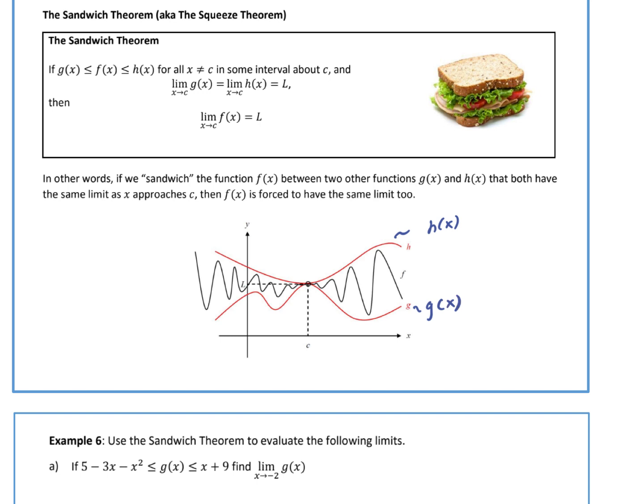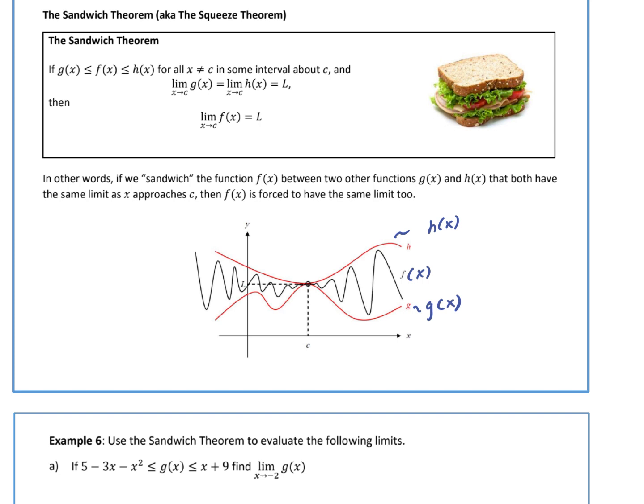Then we have this function called f of x, but we know nothing about it except that it's between the two functions, okay? So it's always between the two functions. So for every value of x, f of x, the y values are squeezed, if you will, between the two functions. That's all we can deduce from the information that's given.